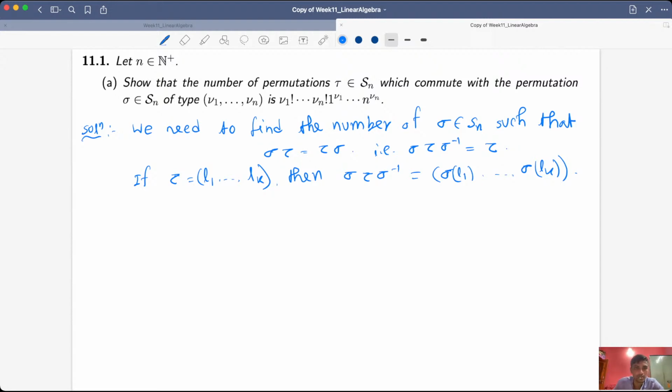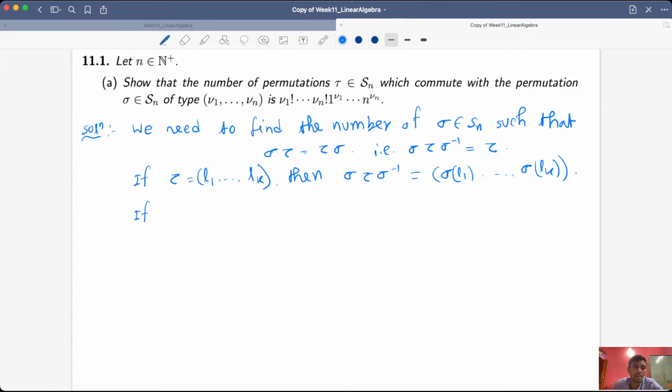So in general, if you have not only one cycle but a product of cycles, because each element of Sn can be written as a disjoint product of cycles, that is what the type means. Here I should mention, importantly, that the type nu1 up to nun means that there are nu1 one-cycles, nu2 two-cycles, and nun n-cycles. But if nun is non-zero, it should be only 1, because if there is one n-cycle there cannot be anything else, right?